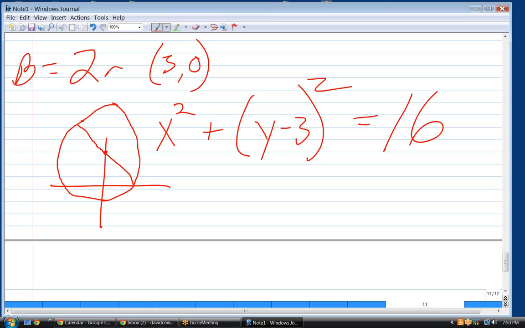So doesn't that line have to do that? In other words, if it goes through the point (3, 0), and it has a length of twice the radius, or the diameter of the circle, then that's the only way I can draw it. I've got to put it through the point (3, 0). I've got to put it through the center of the circle in order to make its length be a diameter length.